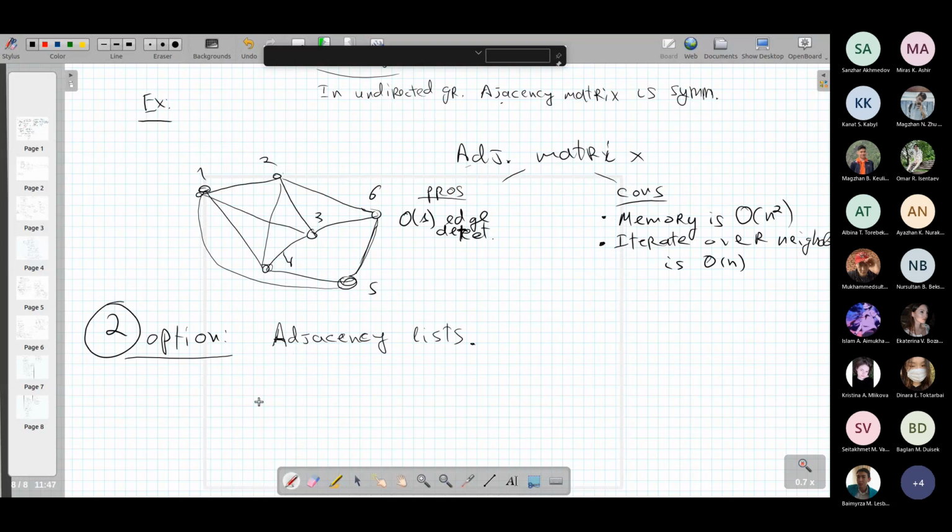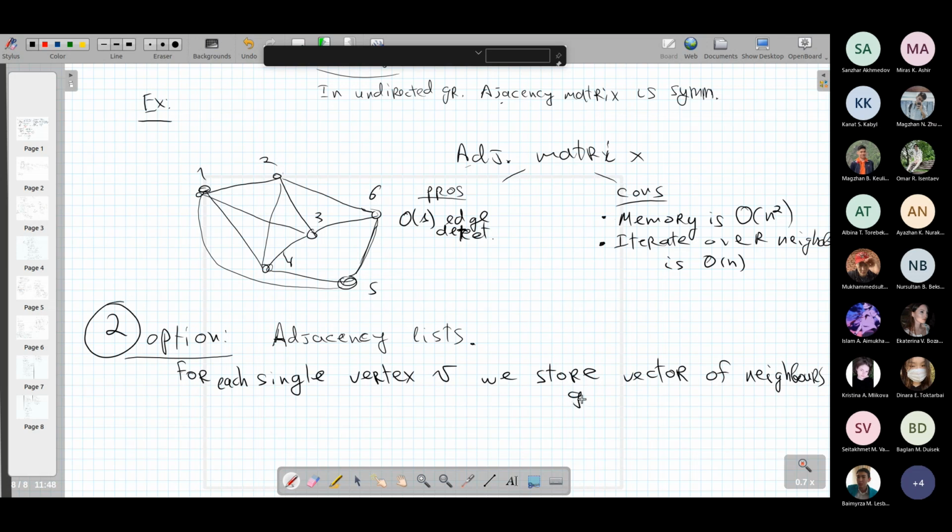Instead of that, for each single vertex v, we store the vector of neighbors, G of v.